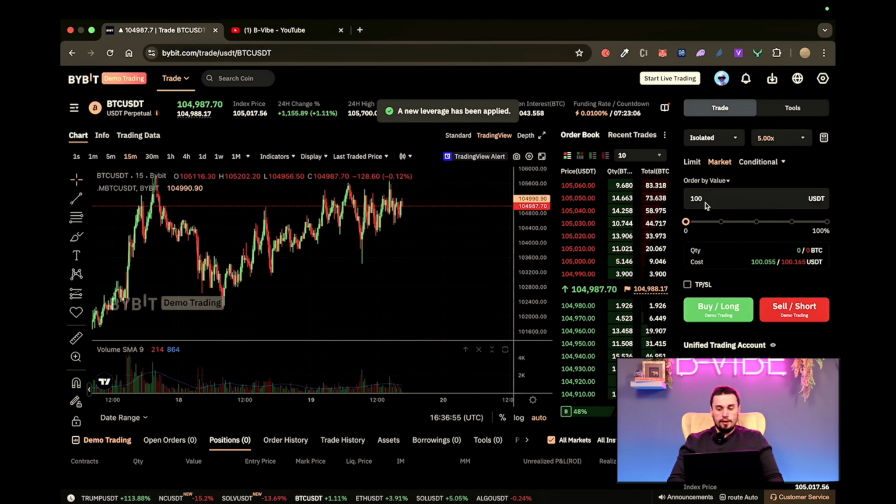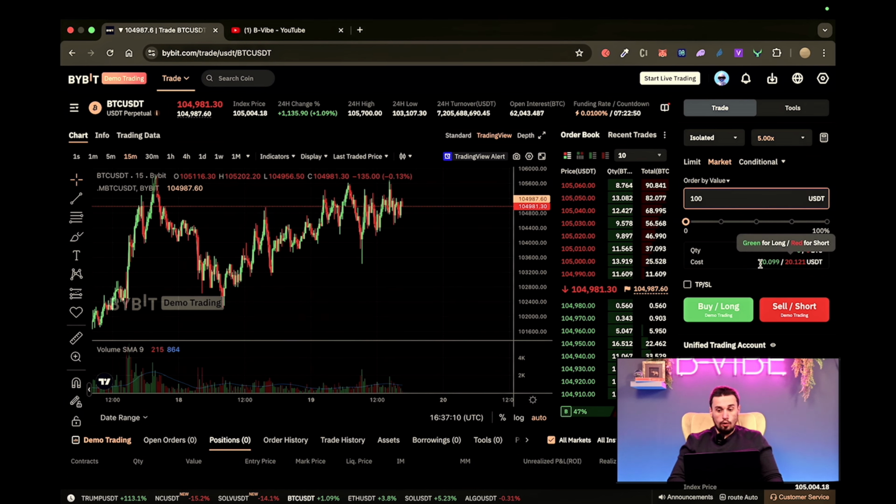And if you're using leverage and you set the value of the order to 100, that means with 5x leverage you will have to give your own money, $20 times 5 is 100, and you will enter the trade with 100.